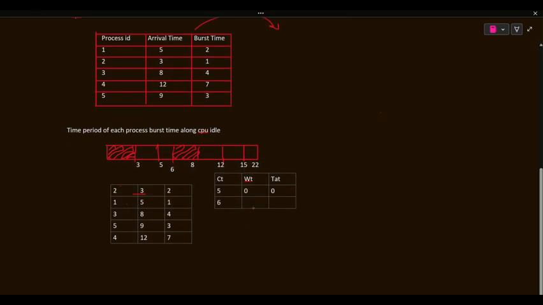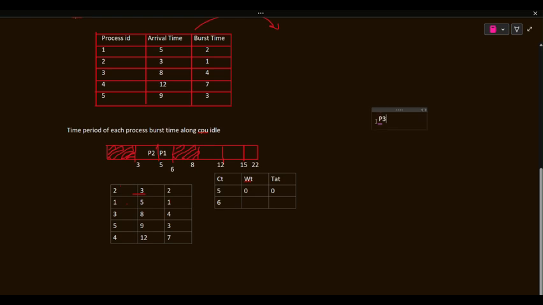So let's solve the completion time, waiting time, and turnaround time of each process. Let me give the processes. This is process 2, and then the second one is process 1.